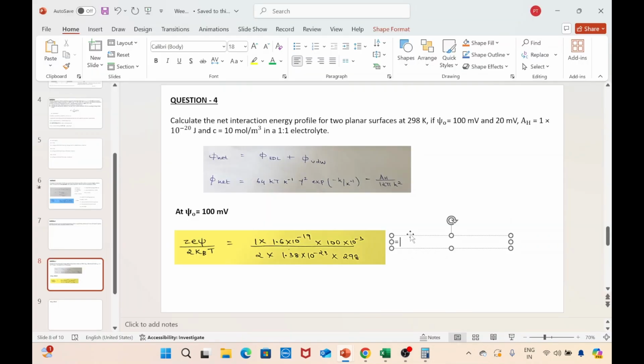Let me do this calculation on my personal calculator. Meanwhile, if you have the answers, please let me know.